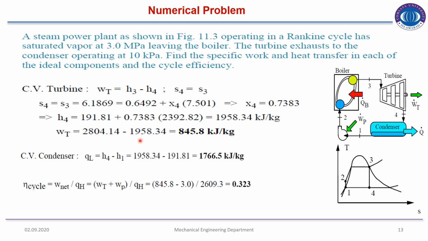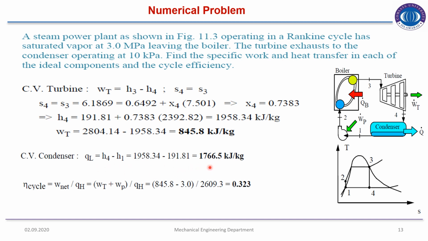We insert the value of 1958, and the work done by the turbine is 845.8 kilojoules per kg. The last component is the condenser. QL, the amount of heat ejected through the condenser into the ambient, uses 1958, which is the enthalpy we calculated here, and 191.81, the enthalpy we looked up in the steam table, also mentioned in the previous slide.